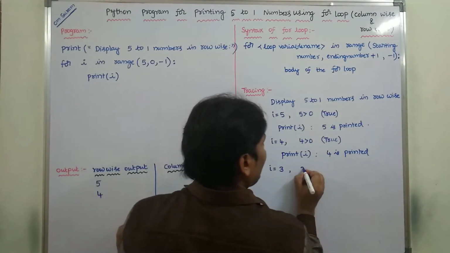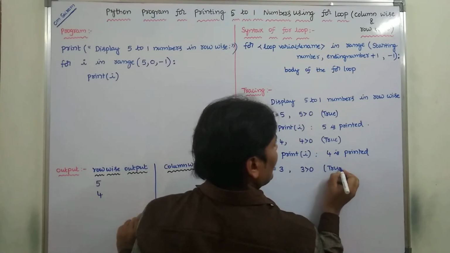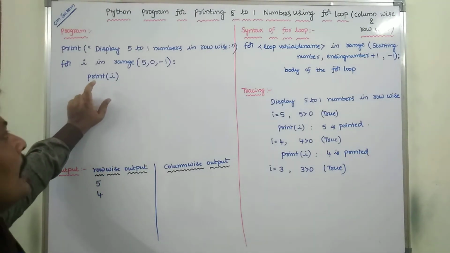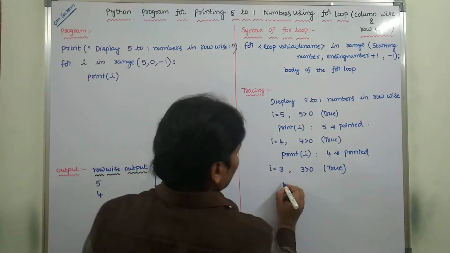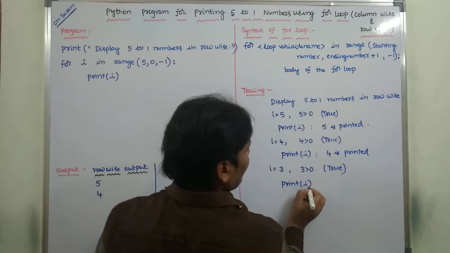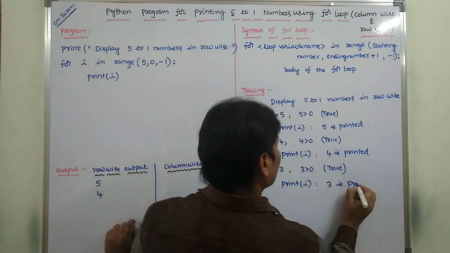Okay. Next condition, 3 greater than 0. Here the condition is true. If the condition is true, then the control goes to the statement within the body of the for loop, that is print of I. So the I value is 3, and 3 is printed.